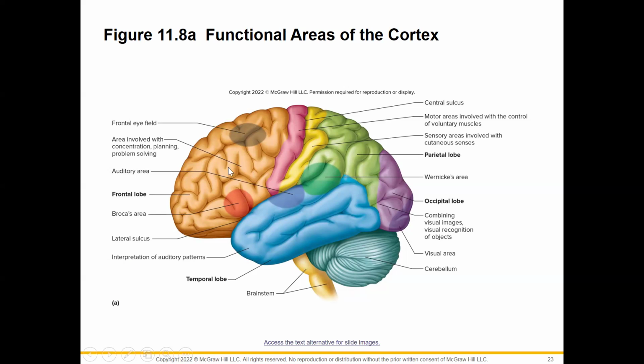Here you have the area involved in concentration, planning, and problem solving. Here you have the area that is responsible for hearing. This is the area that's responsible for helping you to form words, to be able to speak, etc. So all of these are different functional areas of the cerebral cortex, allowing you to have higher mental function.